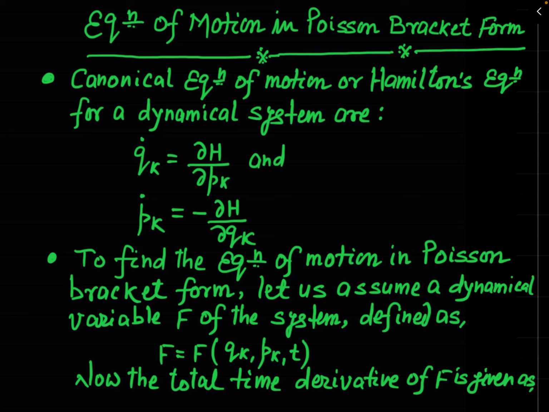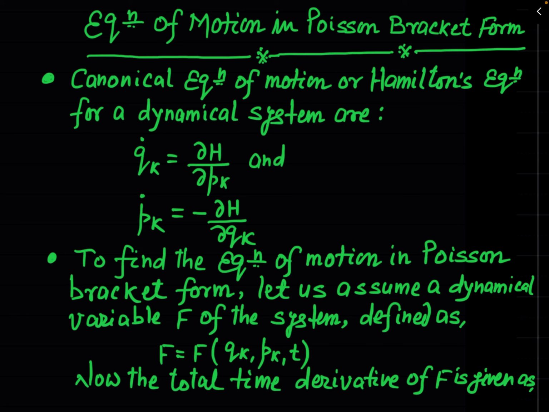As you know, in classical mechanics, the equations of motion which describe a dynamical system are simply Hamilton's canonical equations of motion, and we have studied these equations in great detail in the previous lectures.